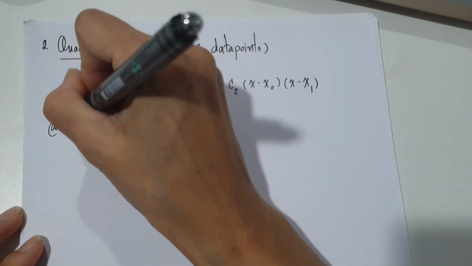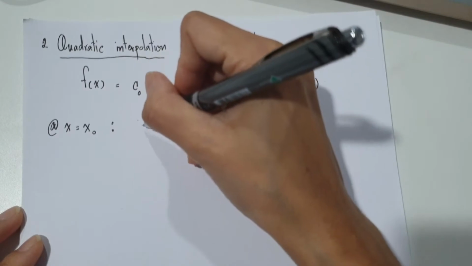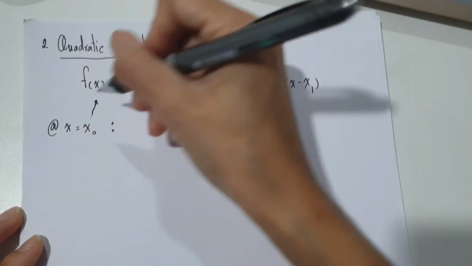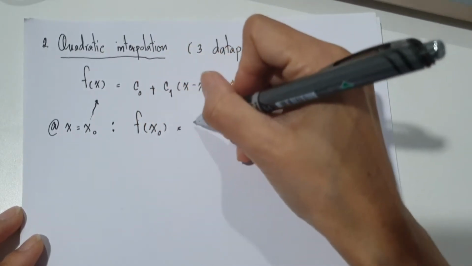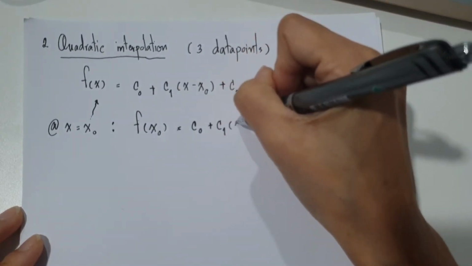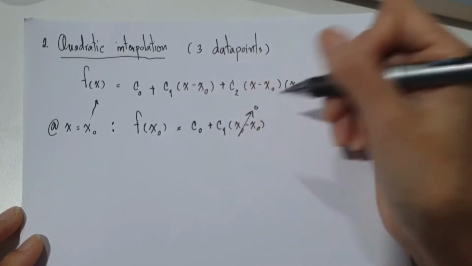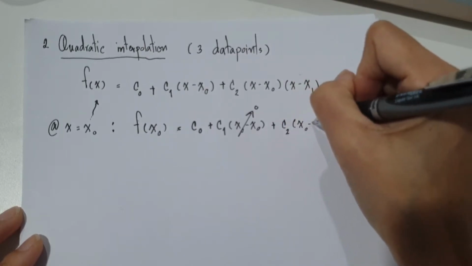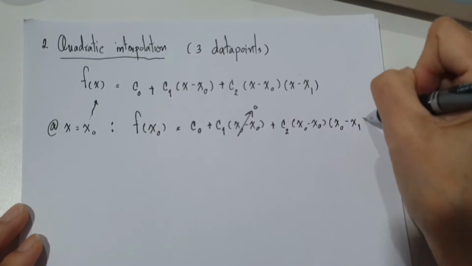So at x = x0, if you plug x = x0 into this function, you get f(x0) = c0 + c1(x0 - x0), which is actually 0, plus c2(x0 - x0)(x0 - x1).